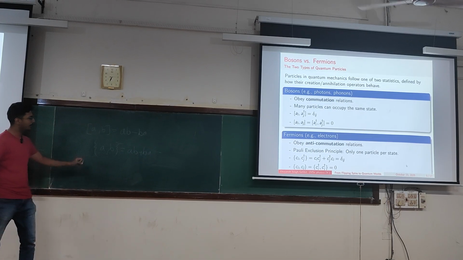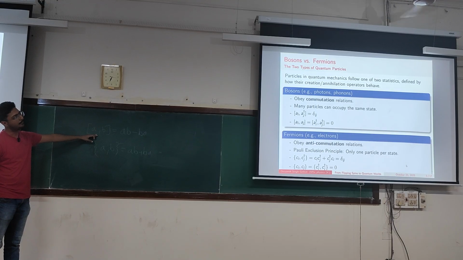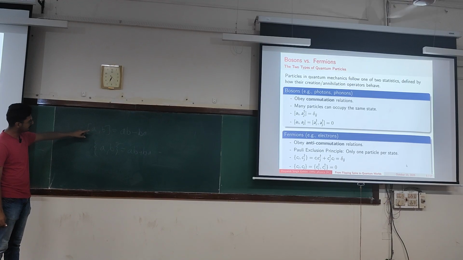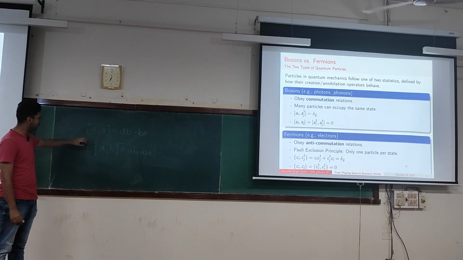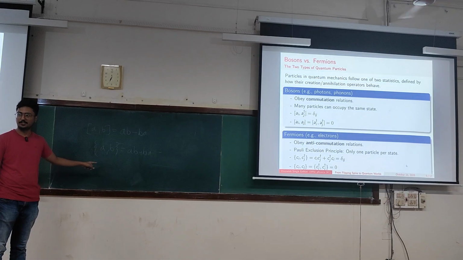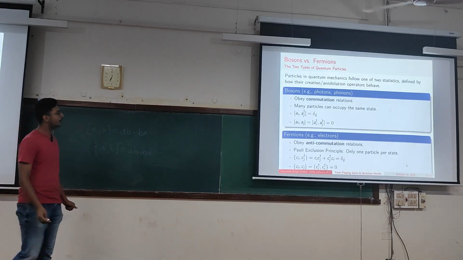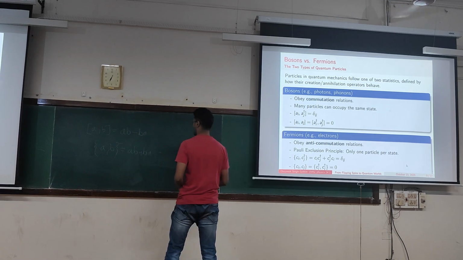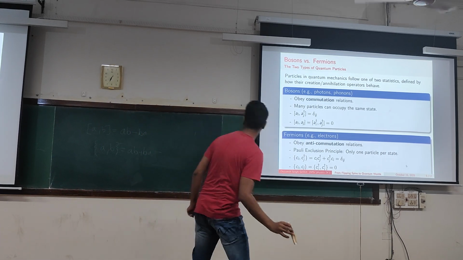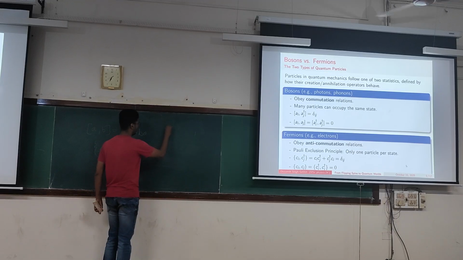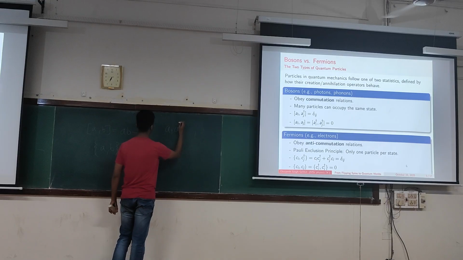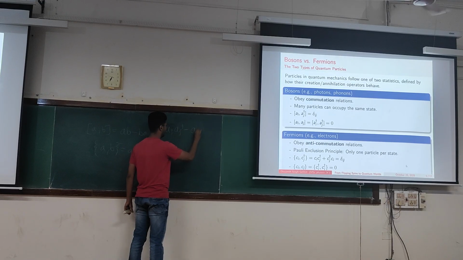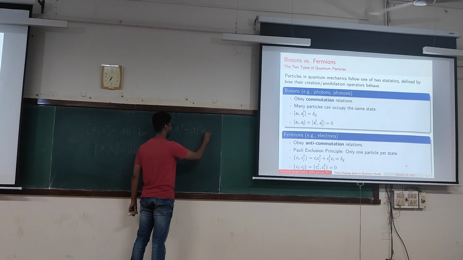All the bosonic particles, fields, etc. follow the commutation relation, and fermionic particles follow the anti-commutation relation. So when I say Ai Aj dagger, it means Ai Aj dagger minus Aj dagger Ai.